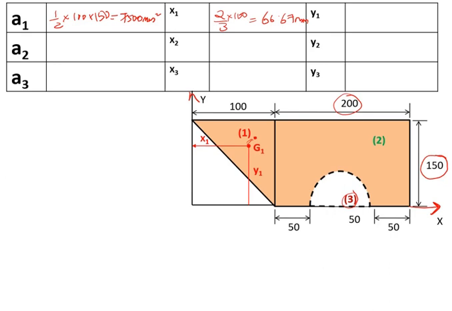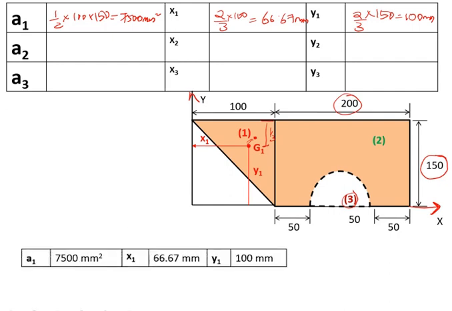That is, I'll get it as 100 mm, because of the orientation of this right angle triangle. So if I take the distance of its centroid from this, it is 2 by 3, because we have studied the general case this is 1 by 3, so the remaining part is 2 by 3. So I can summarize it as A1 is equal to this much.